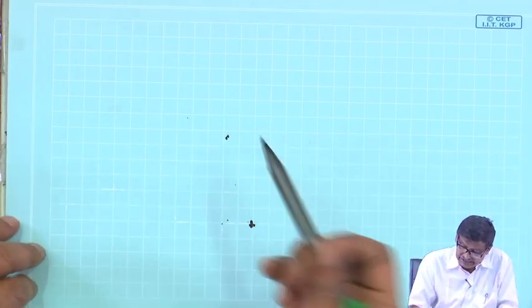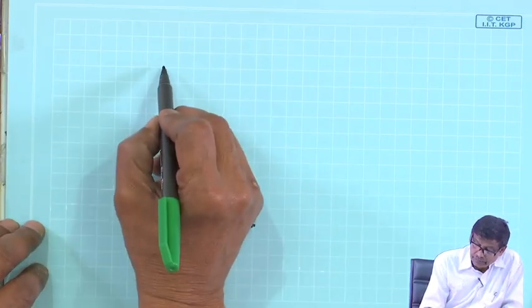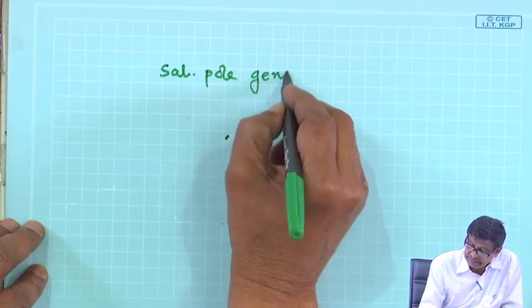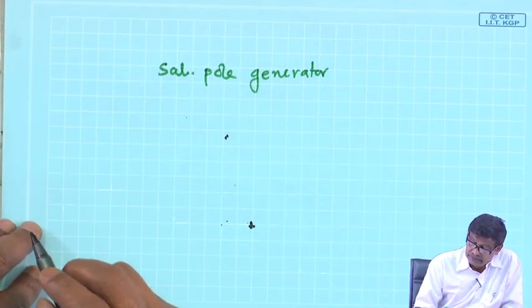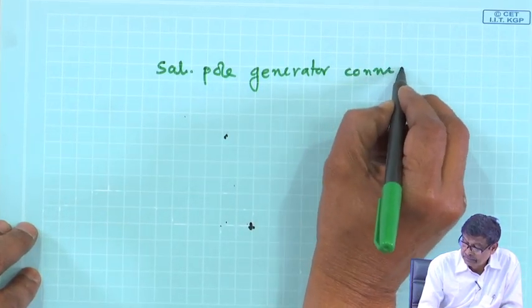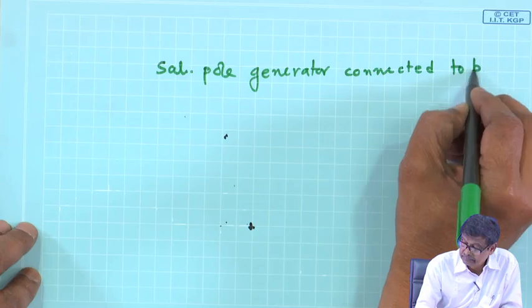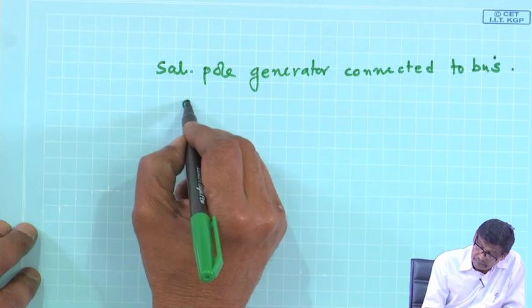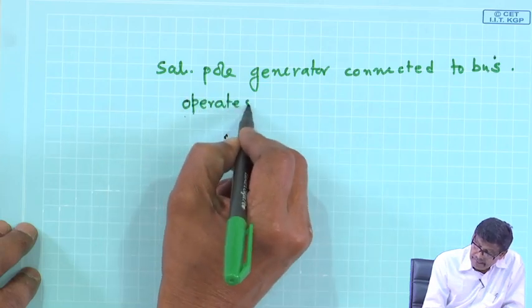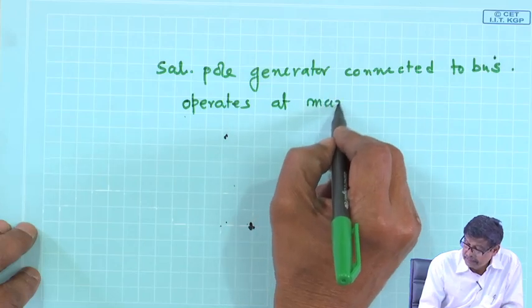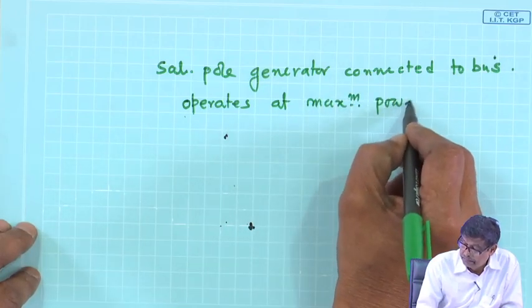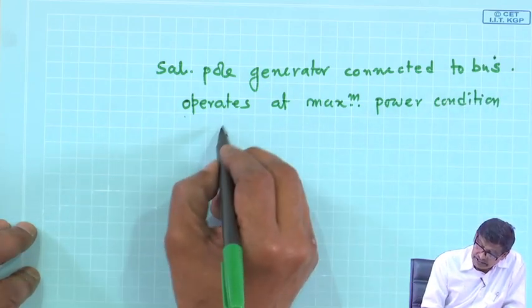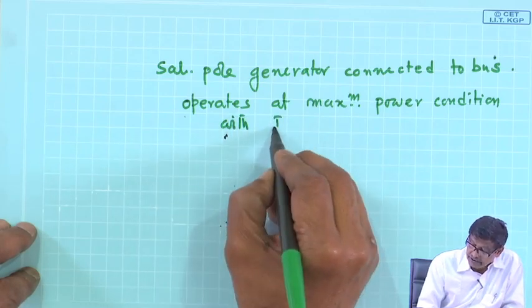Suppose I give one last example. Suppose I say a salient pole generator connected to bus operates at maximum power condition with IF equal to 0.